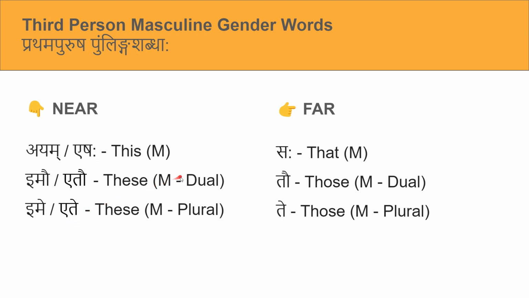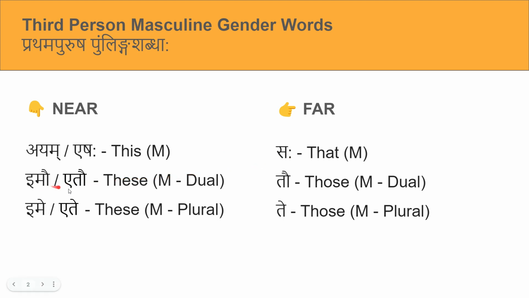Those are close by. And the equivalent for far away, or things that are away from you, we use these set of pronouns. So if you use Ayam or eshaha, we can use saha to refer to any masculine pronoun a little bit away from you.